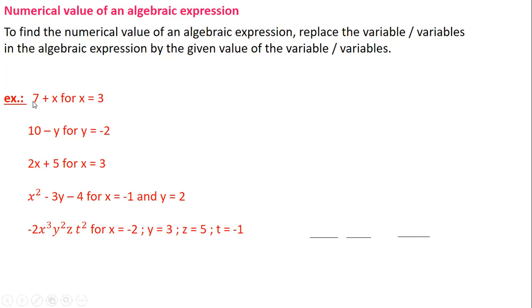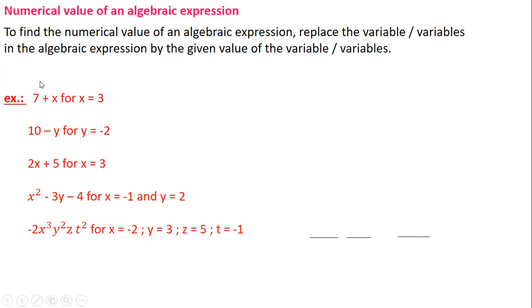First, I will give you the algebraic expression, which is 7 plus x. We should find the numerical value of 7 plus x for x equal 3. So the given value of the variable is 3. What we do is replace the variable in the algebraic expression by the given value.